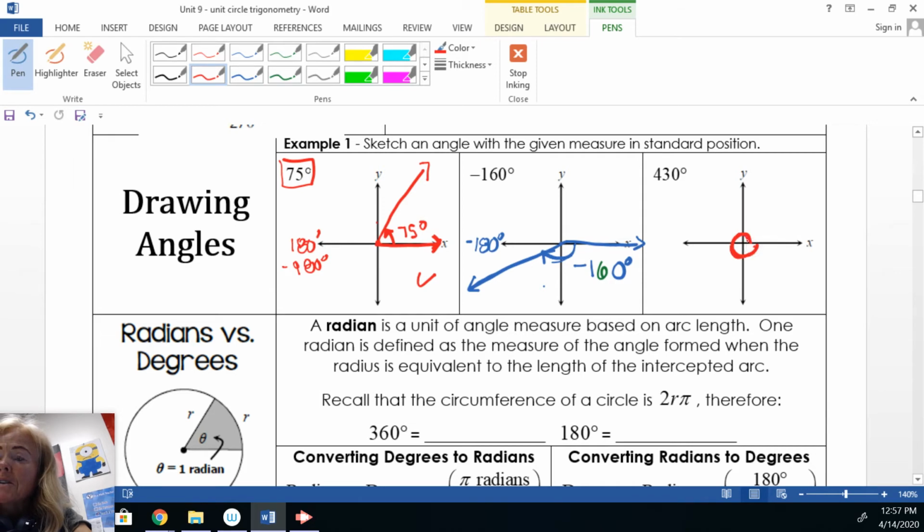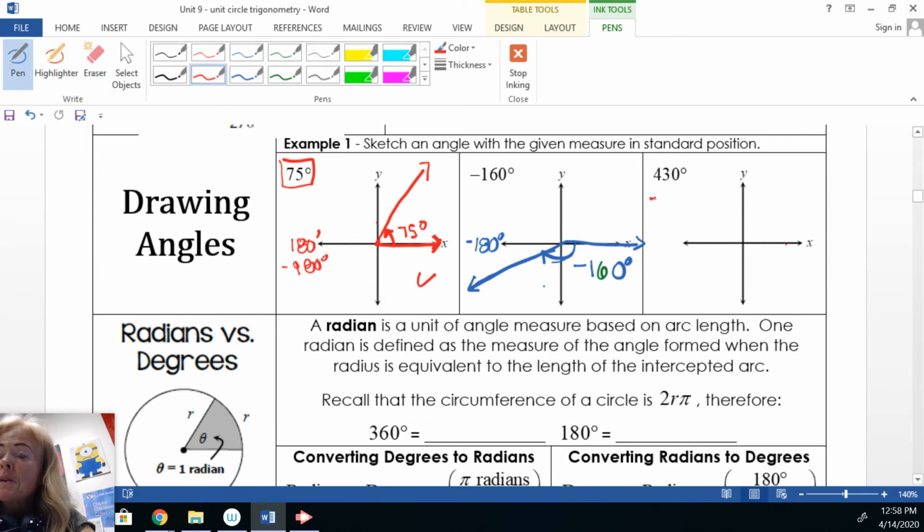Negative can go around and around, and you can keep adding 360 degrees over and over again, or subtracting 360 degrees over and over again until you stop somewhere. So that's going to be 360 times however many times you went around, and then another, whatever that is, 30 degrees. Crazy, huh? So yes, we can have angles that are greater than 360 degrees, like we do in this case.